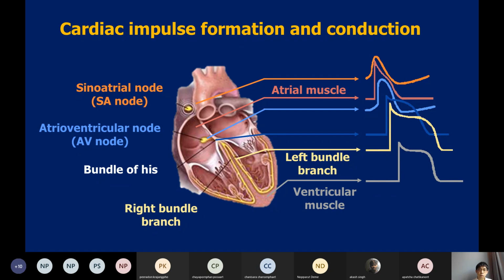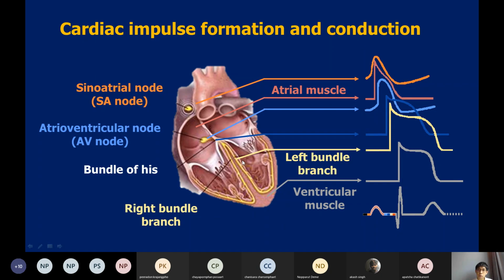Then the impulse spreads into the bundle of His, goes to the right bundle branch and left bundle branch, and spreads into the ventricular muscle cells. This electrical impulse, the summation of all the electrical impulses along the conduction system, is what you see in the 12-lead ECG on the right side below.